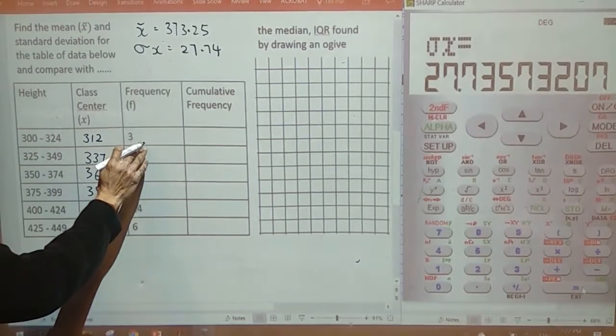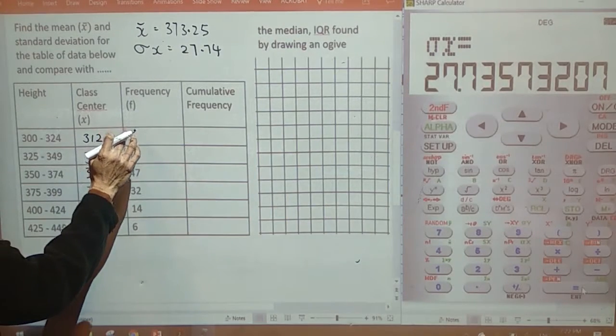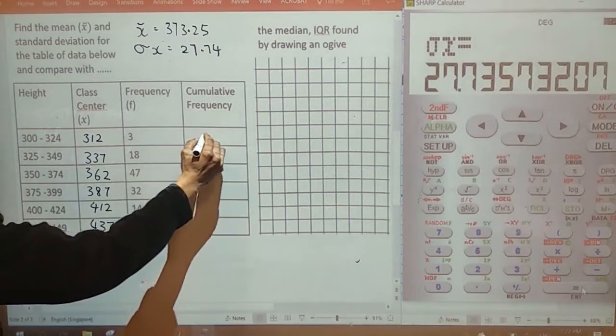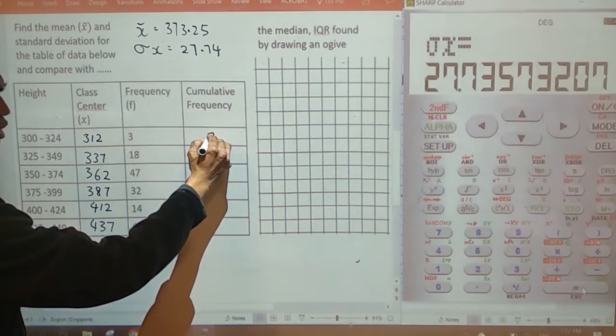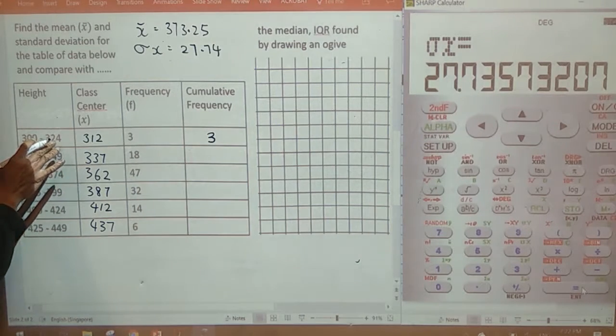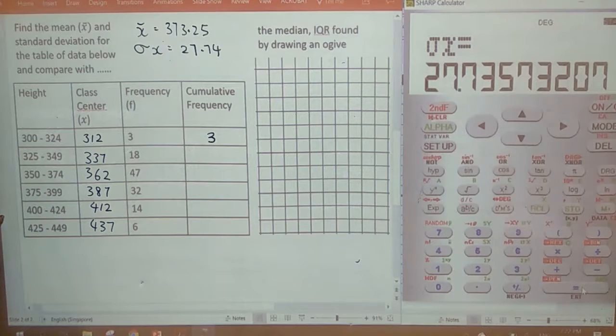So there are three. So far, there are three pieces of data that are equal to or less than 324.